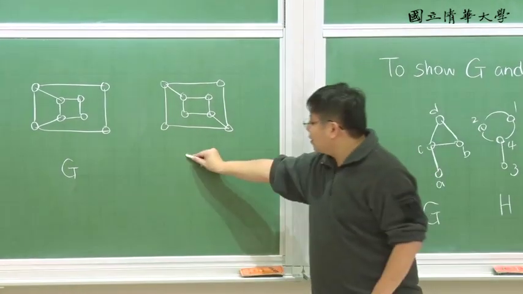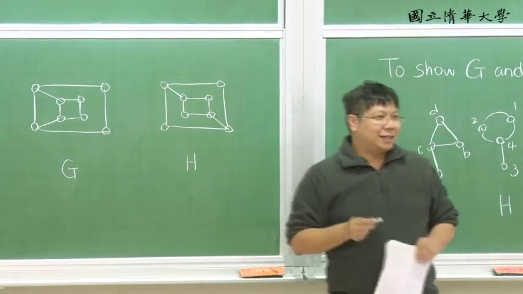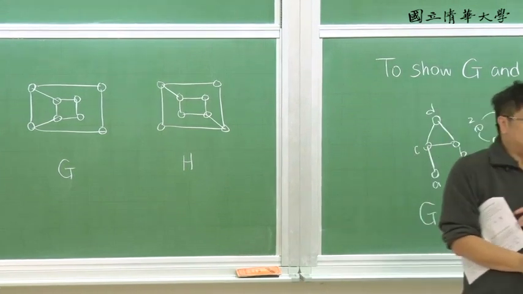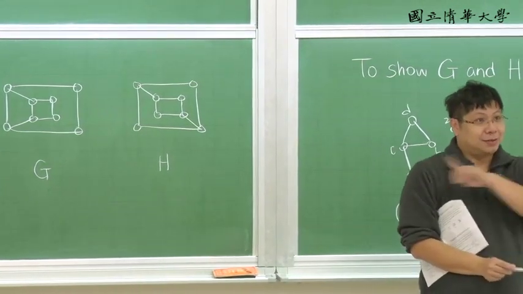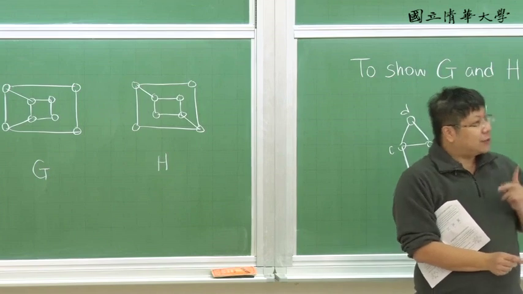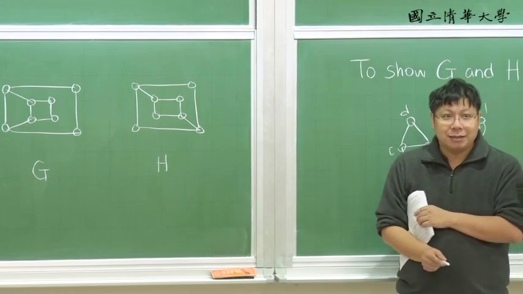Now we have the same number of vertices, 8, on both sides. We have the same number of edges, there are 10 edges, right?